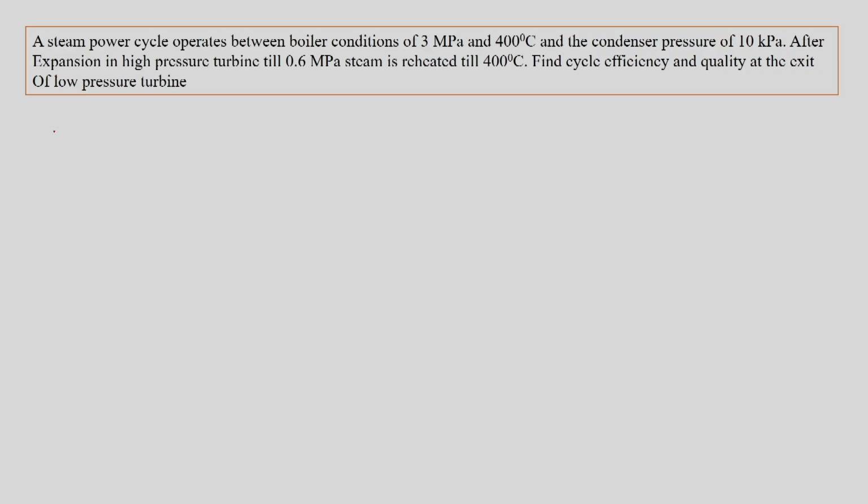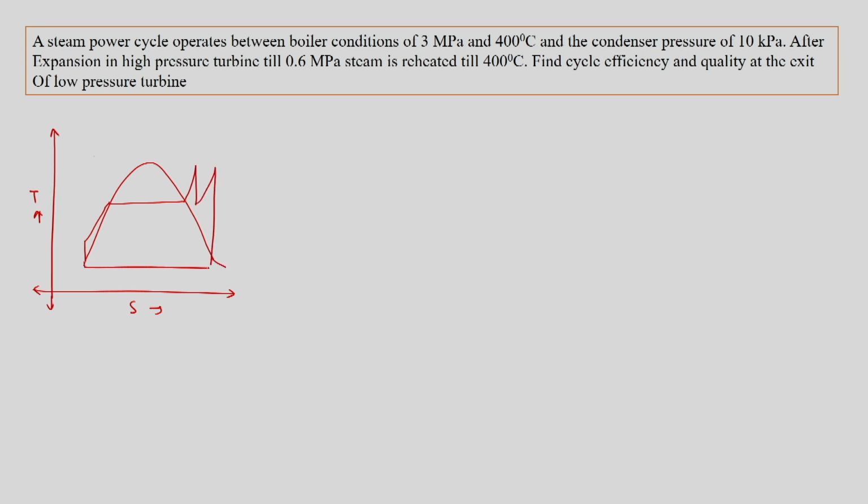Find out the cycle efficiency and the quality at the exit of the low pressure turbine. In this example, we are given the reheat pressure, so we don't have to find it out. But what is not known to us is the dryness fraction at the exit of the low pressure turbine.